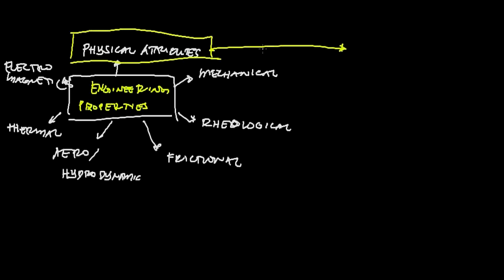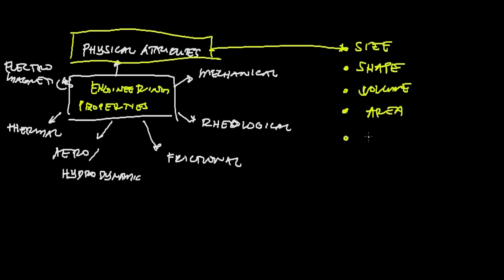So these physical attributes are, for example, the size. We have the shape. We have the volume, the area.